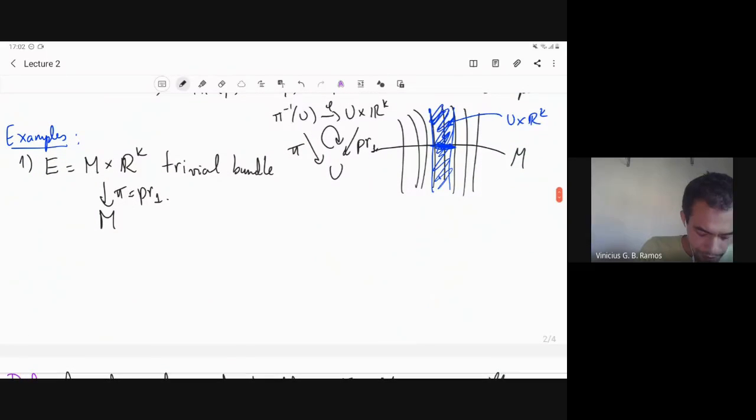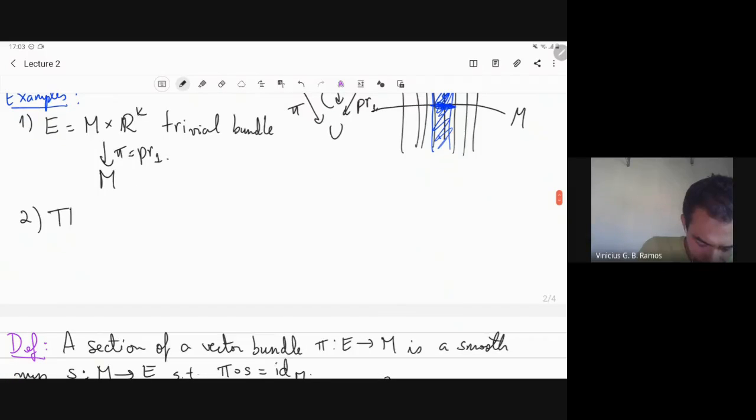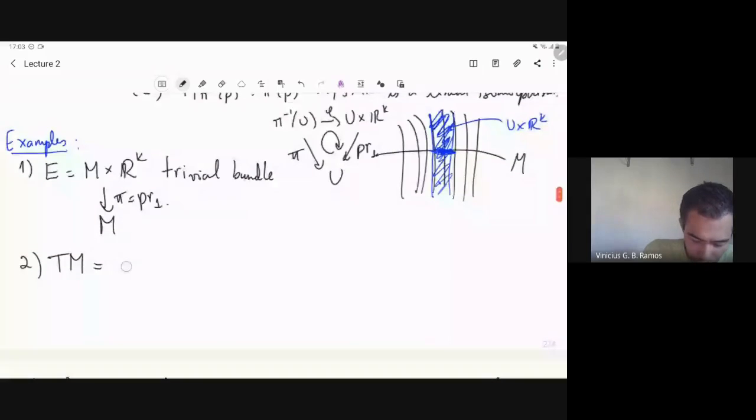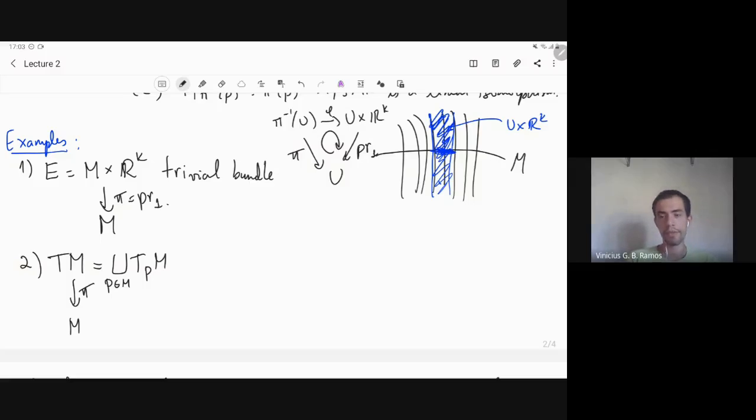Okay, so maybe the second example, and maybe the first interesting example, is the tangent bundle. So last time I told you about the tangent space. The tangent bundle is just the disjoint union of all the tangent spaces, and the map pi is just the projection onto M. So it might be instructive to see why this is a bundle.